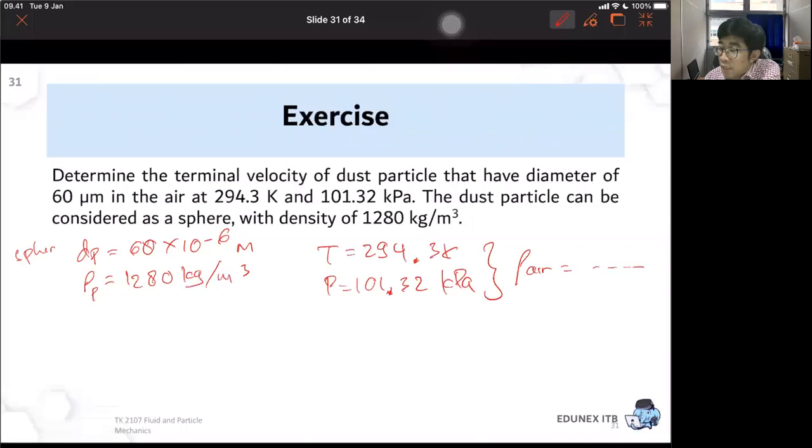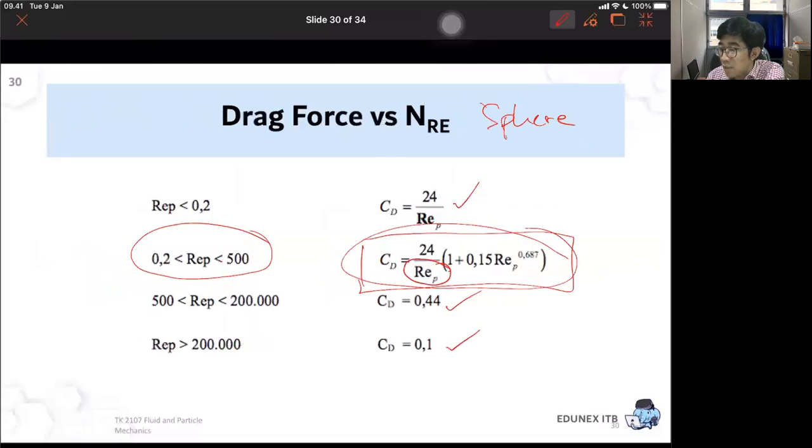Please try to do this exercise at home. Check the Reynolds number. Not check the Reynolds number, for this one you need to do the iteration. First, you need to guess the velocity, and then calculate the Reynolds number. Or you can start differently.